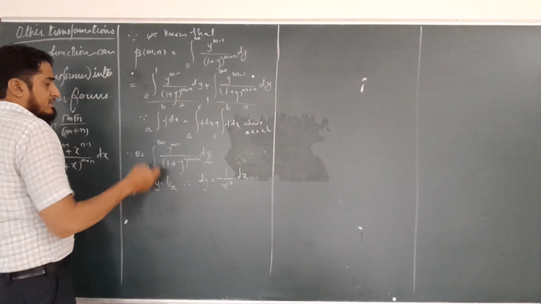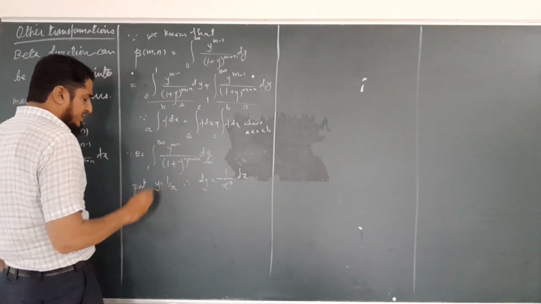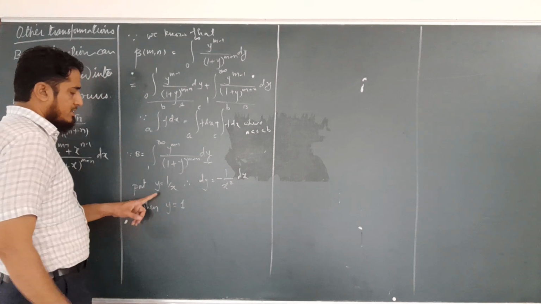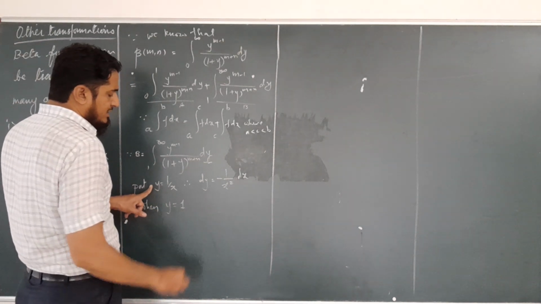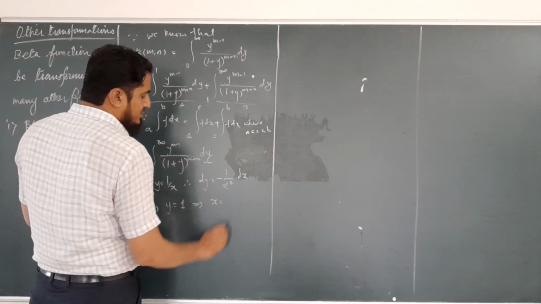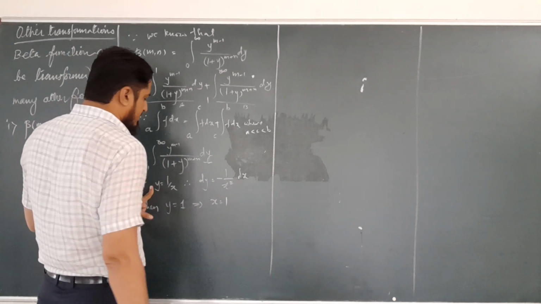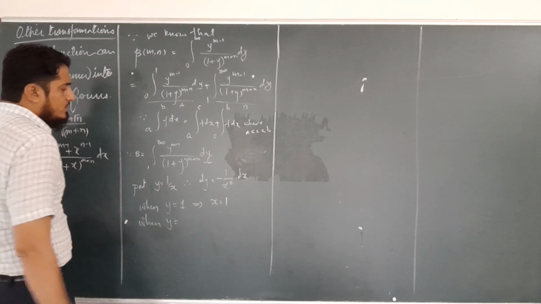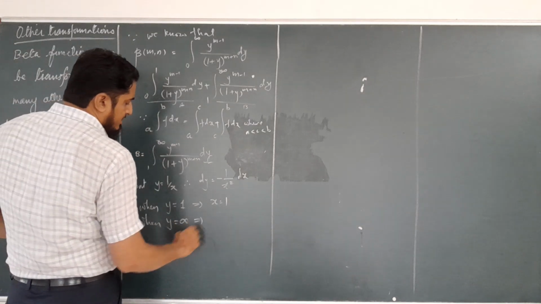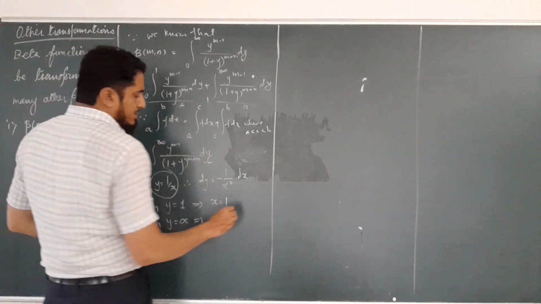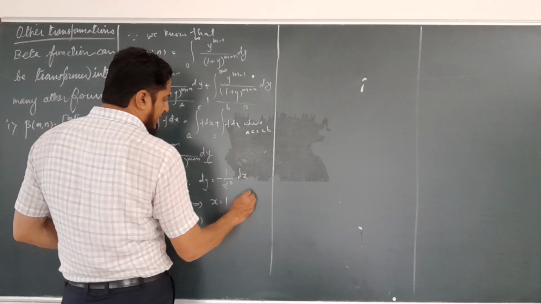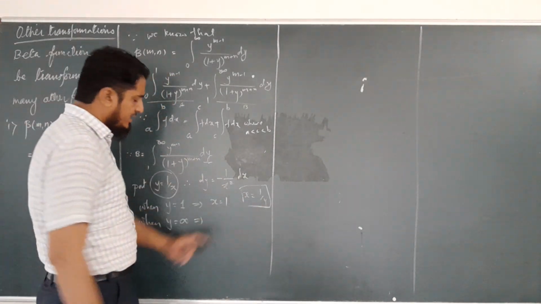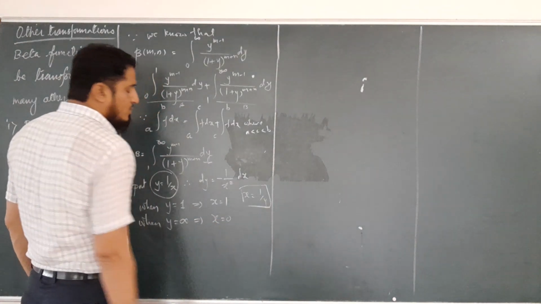And when the limits of y are from 1 to infinity, when y is equal to 1, this implies that x is equal to 1. Correct? And when y is equal to infinity, then x is equal to 1 upon y, so we get x is equal to 0.